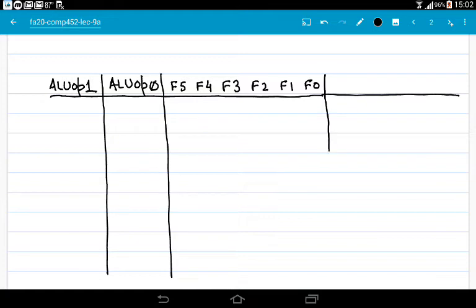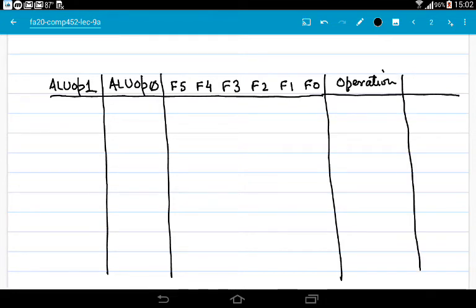And we know that the outputs are 4, and let's call them operation bits, and here we write operation name. These are operation bits.